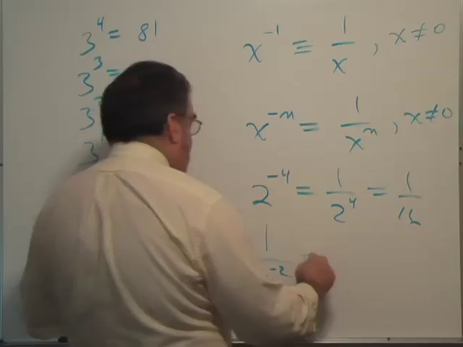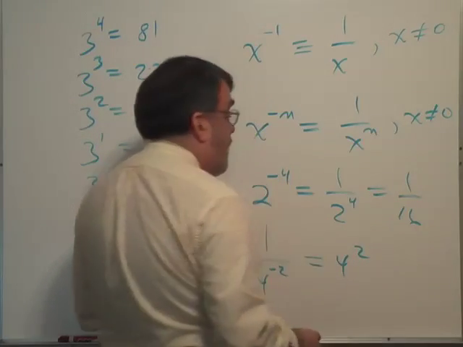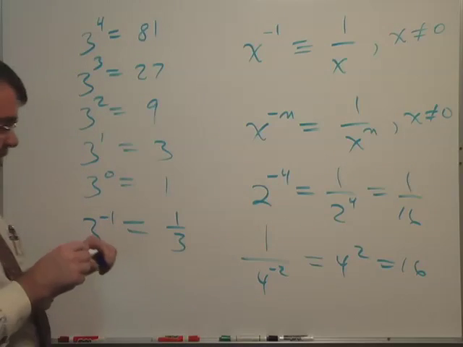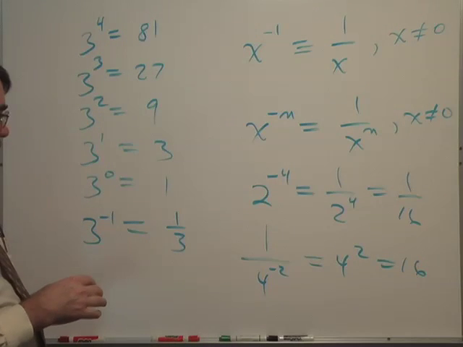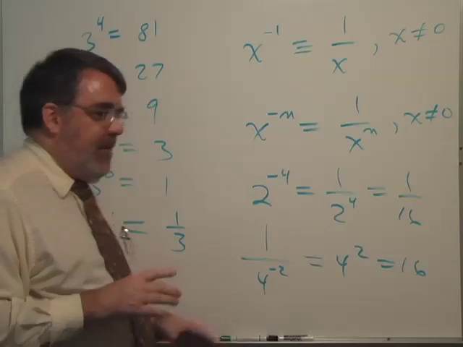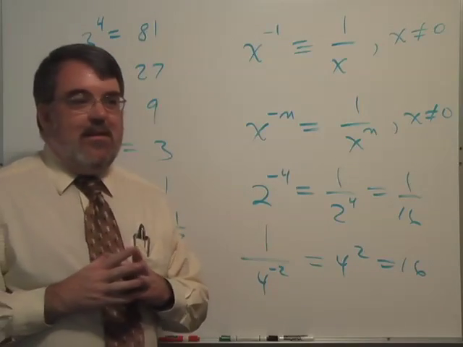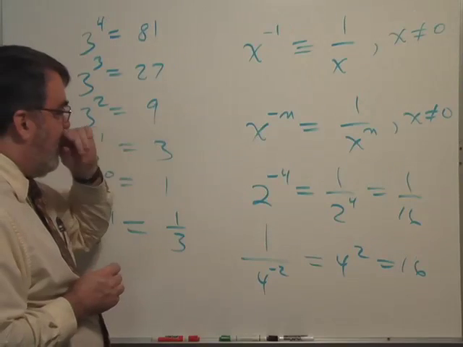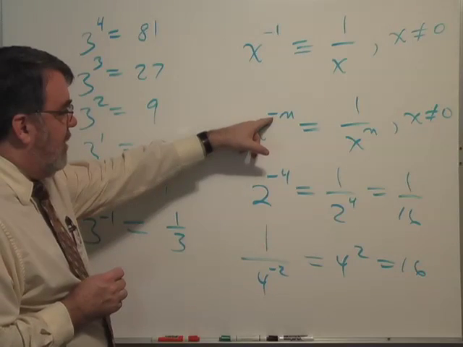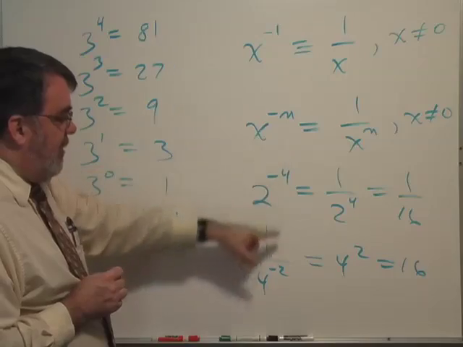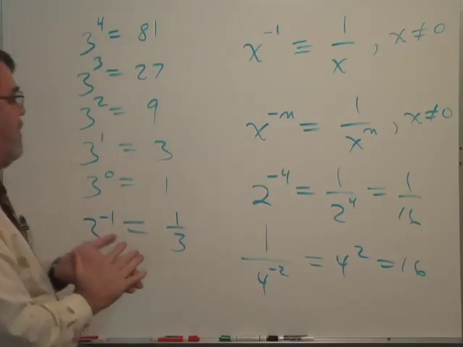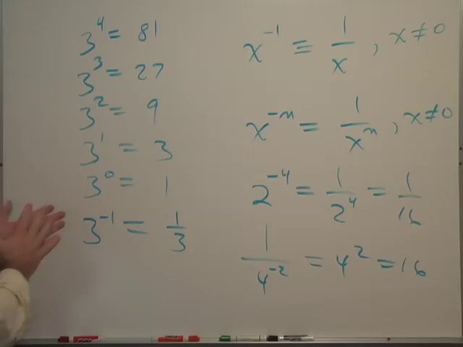The 4 comes upstairs as 4 to the positive 2, which is 16. Again, it's 16. So the idea is, and I'm going to take advantage of this in a future section, actually in this section, when you change the sign of an exponent, you change the position in the fraction. So we'll exploit that for what it's worth.